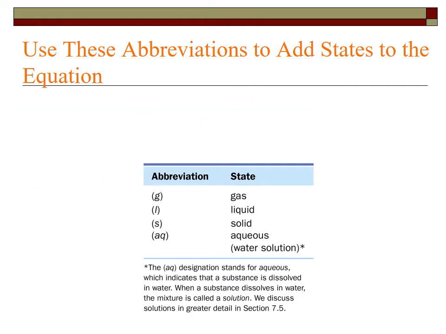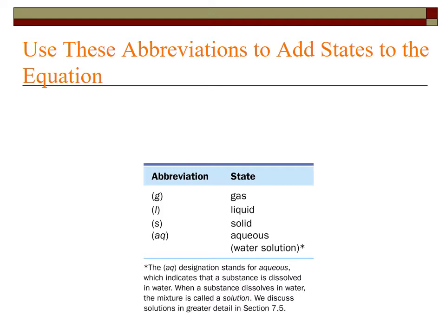Here are some abbreviations for the states. We learned way back there are three states of matter: solid, liquid, and gas. This is where the S, L, and G come from. The S is solid, the L is liquid, the G is gas, so that tells me the phase.